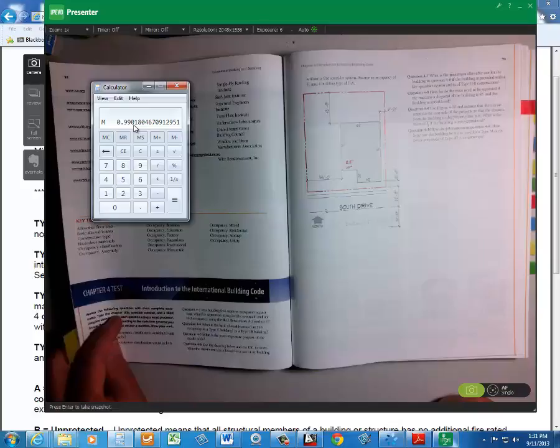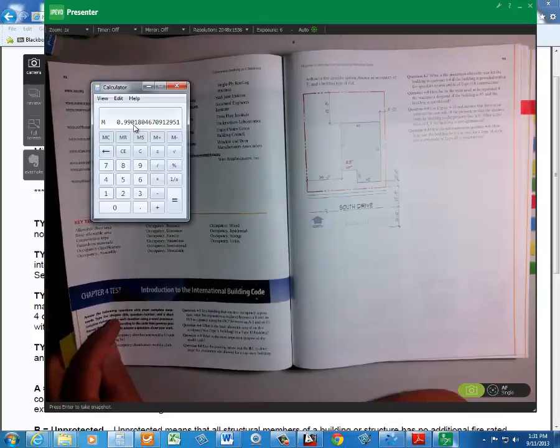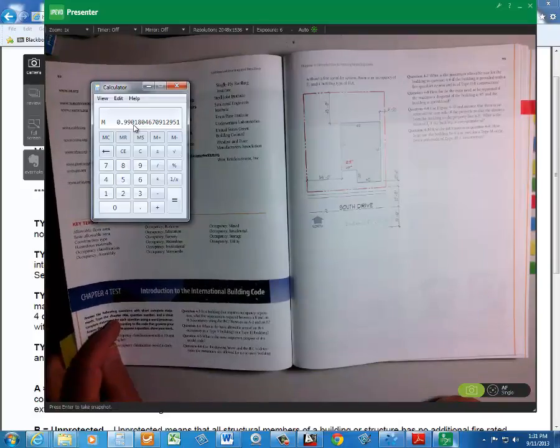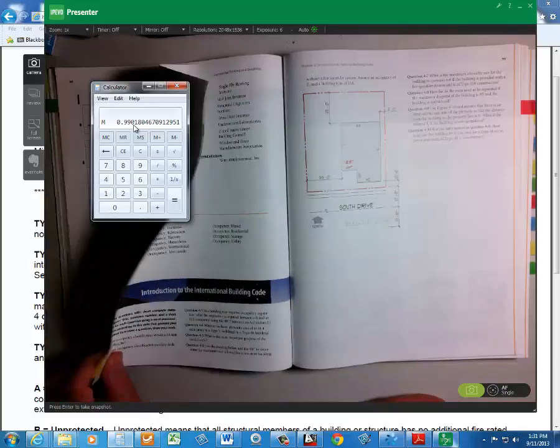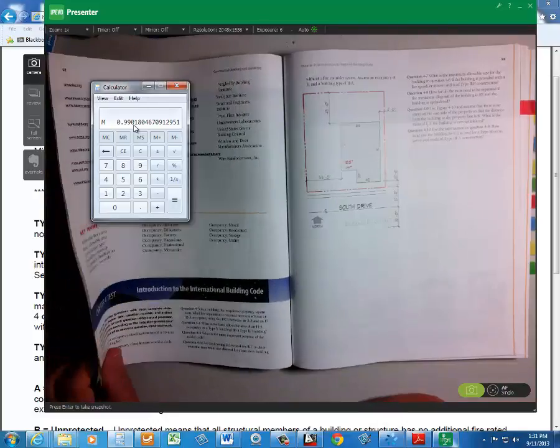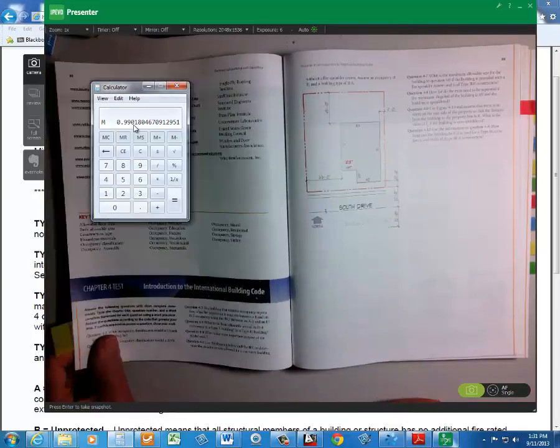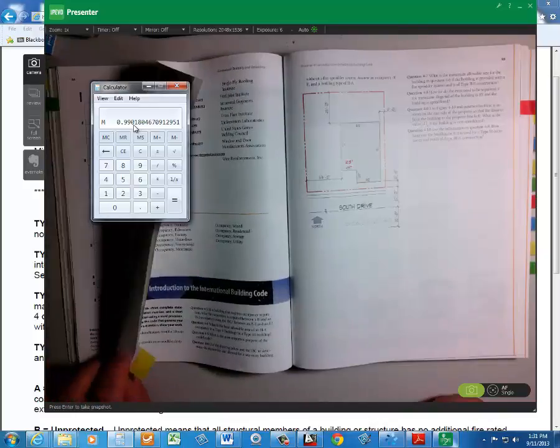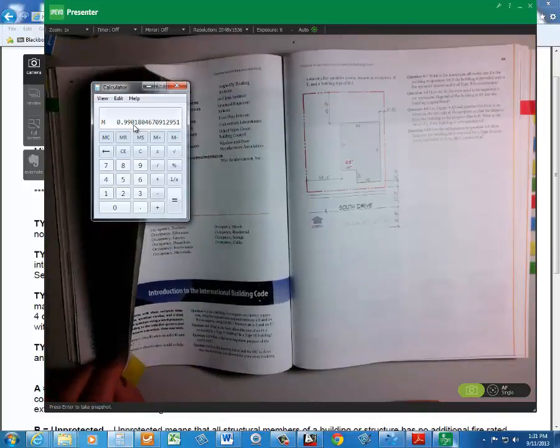That one's pretty easy. The I subscript S on that is 0. I'll tell you that much.